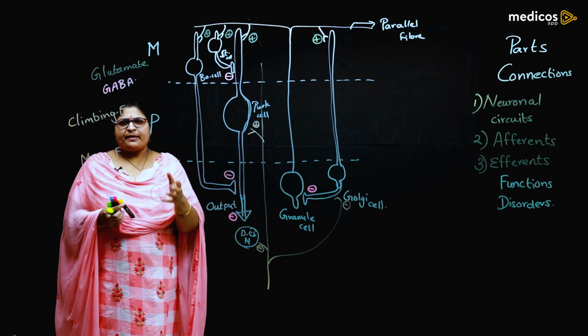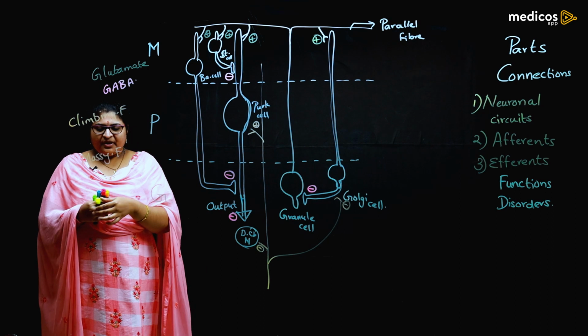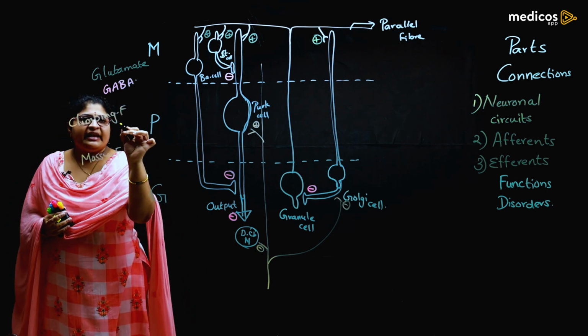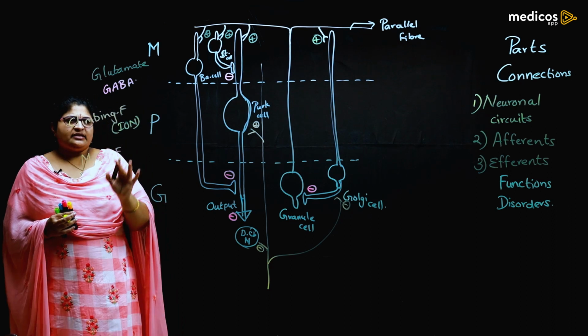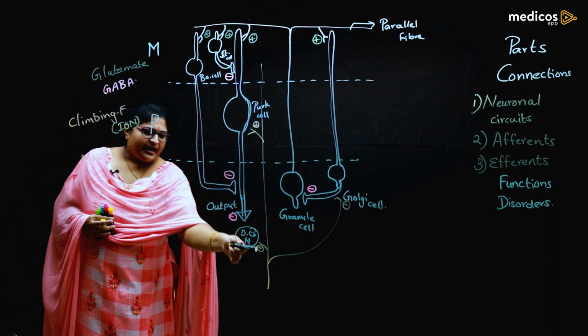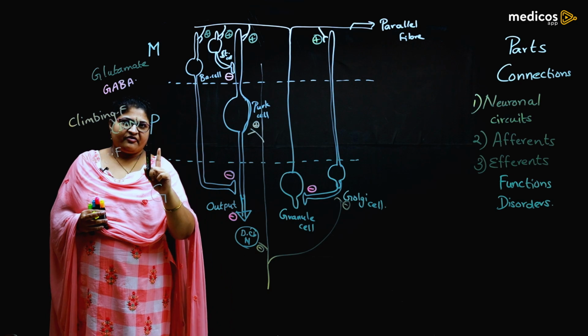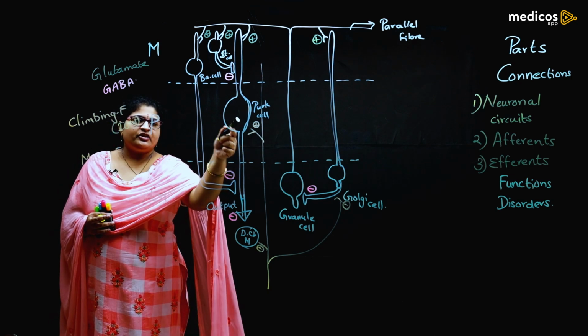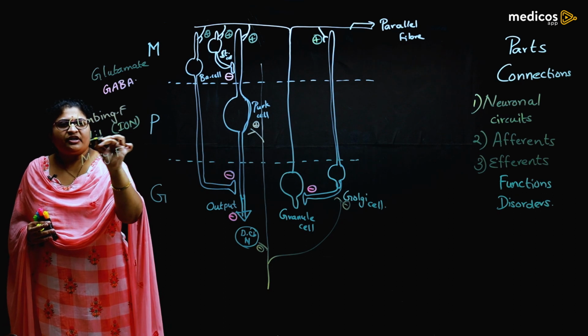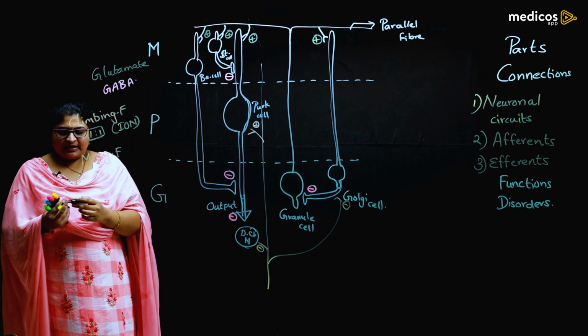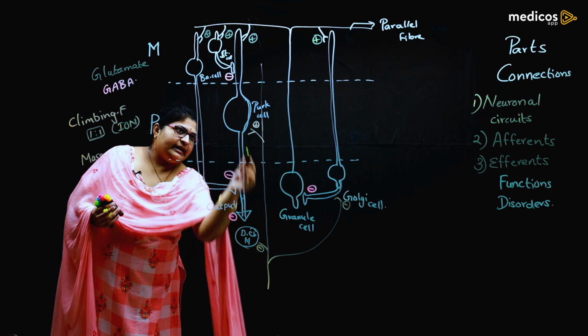So where is this climbing fiber emerging from? The climbing fiber is coming from the inferior olivary nucleus. And its specialty is that one climbing fiber is associated with only one Purkinje cell. So a 1:1 ratio is there. And here they are stimulatory.